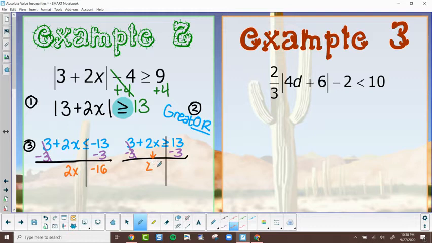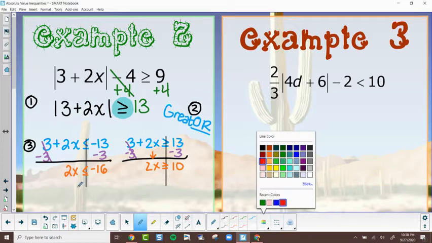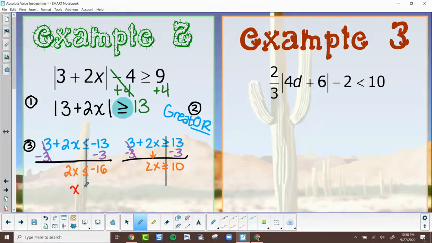Some people really like drawing the arrows. I think it can help. So I'm going to bring those symbols down. You really got to keep track of your absolute values. I think that's what makes these particularly sneaky. All right, so I have one that says x is less than or equal to negative 8 because I divide by 2. And then this one says, or x is greater than or equal to 5.